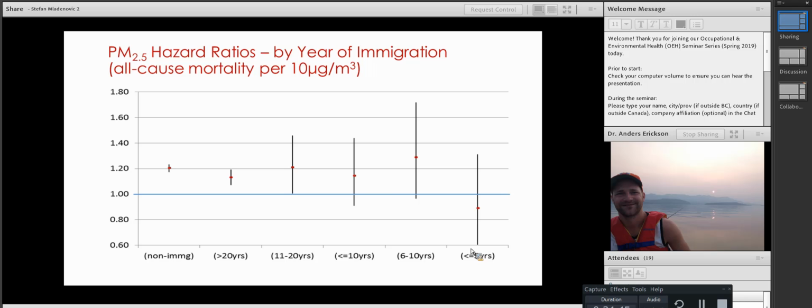So it doesn't appear to be having an impact, at least not at a population level. And in some of the work that we've been doing, adjusting for smoking indirectly, it doesn't seem to have that much of an impact on your hazard ratios when looking at a huge population-level sample size like this.